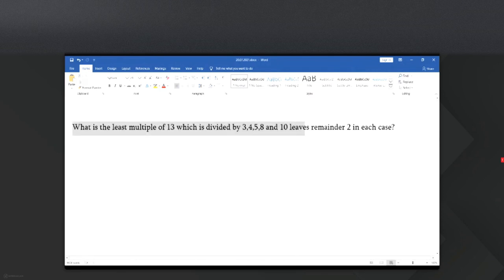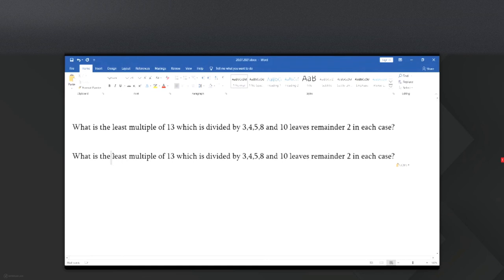Let's say the question is like this. Instead of least multiple of 13, they are saying what is the least number which is divided by 3, 4, 5, 8, and 10, and leaves 2 remainder in each case. So the least number is the first number. When they say least number, it is the first number that they want to know.